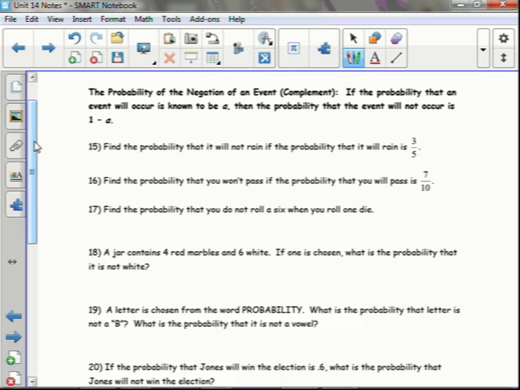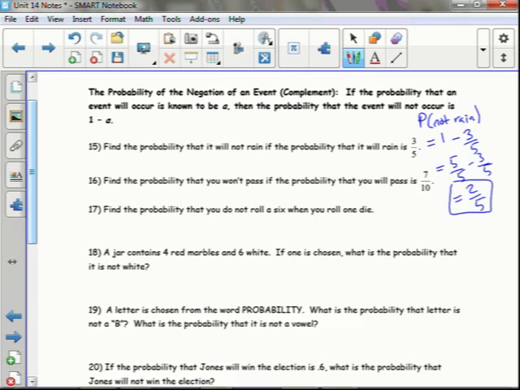So the probability that it will not rain is going to equal 1 minus 3/5. Well, 1 could be written as 5 over 5 minus 3 over 5. So that means the probability is 2/5.